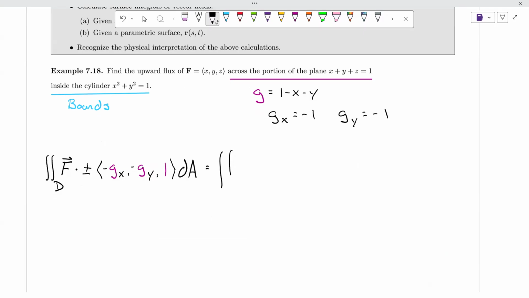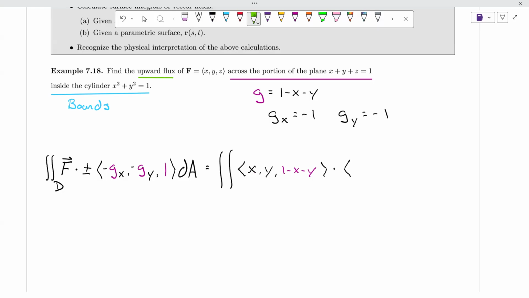So what do we want? We want the double integral of this thing, where the field is x, y, z. So that's going to be x, y, 1 minus x minus y, dotted with my normal vector. And we want the one that has an upward orientation.